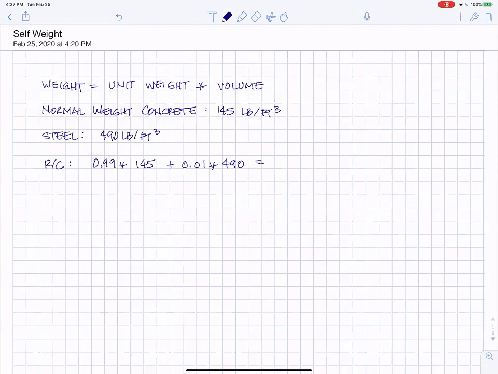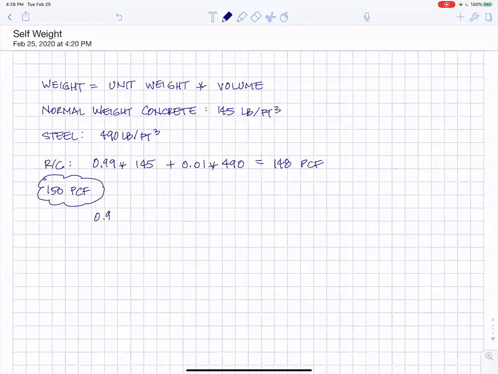I'm multiplying that out right now. That comes out to 148.148 PCF. And so for our class, I've been saying 150 PCF is good as a unit weight for reinforced concrete. I never really thought about it for columns with 4% steel.